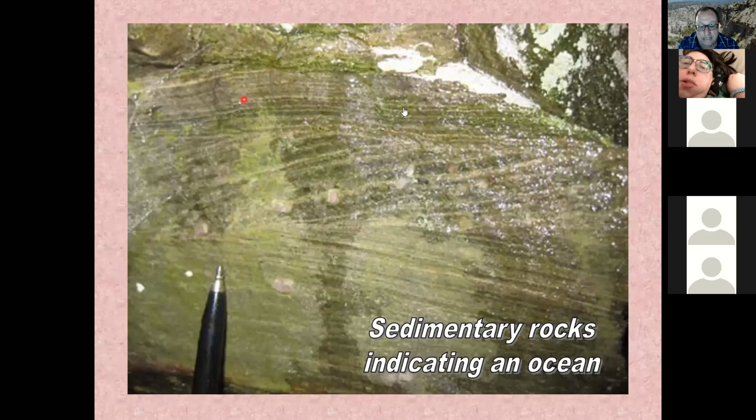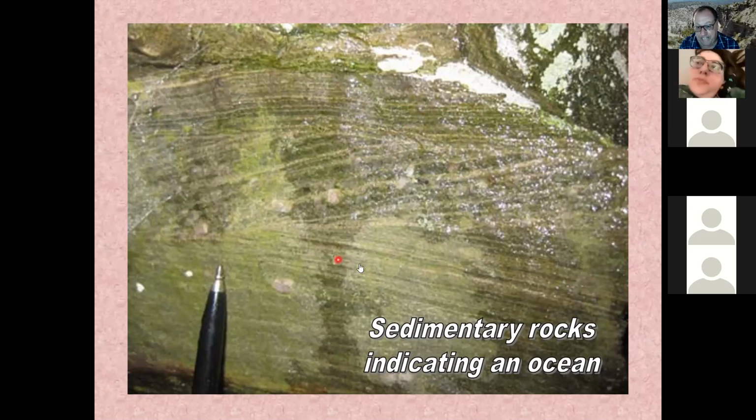So good volcanic activity, and sedimentary rocks. You see the layering here, and you notice that there's actually two directions of layering in this particular rock, which is a sandstone. This is what we call cross bedding, where it tells us that this was in an ocean, with two different directions of current coming onto the shore. If you go to the beach today and watch the ocean water, there's actually two directions that the water's coming in to make this cross bedding.